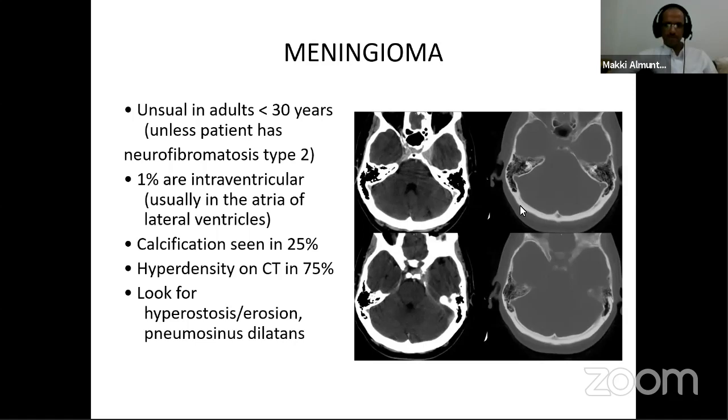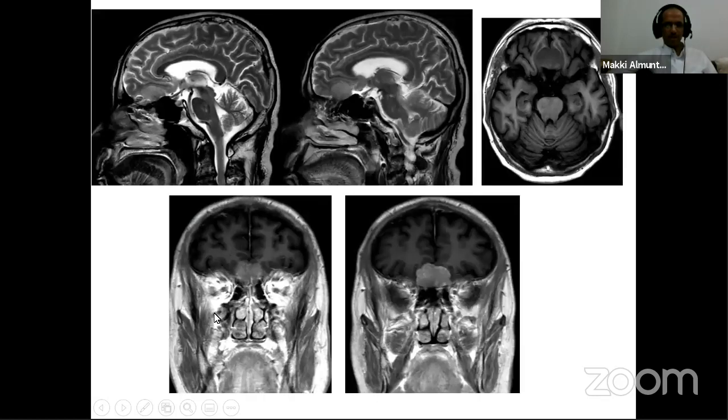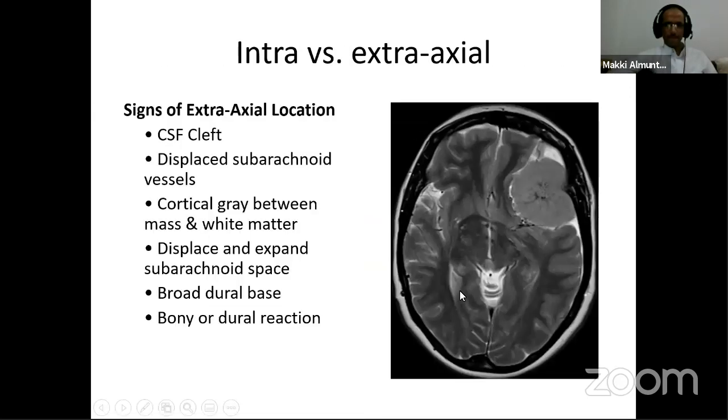Another example of a mass in the left cavernous sinus, homogeneously enhancing, and when we looked at the bone window, there is hyperostosis. This is another cavernous sinus meningioma. This patient has a large meningioma in the right frontal lobe with a necrotic component, giving a sunburst appearance, which has a central vascular pedicle, like the one I showed you in the previous example.